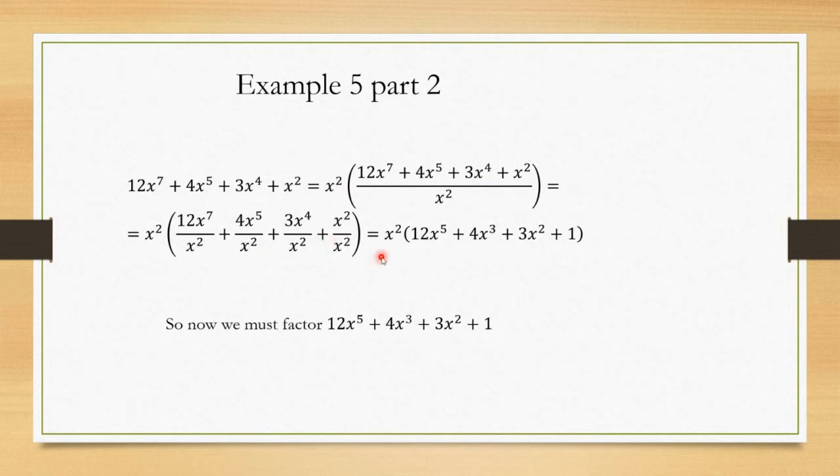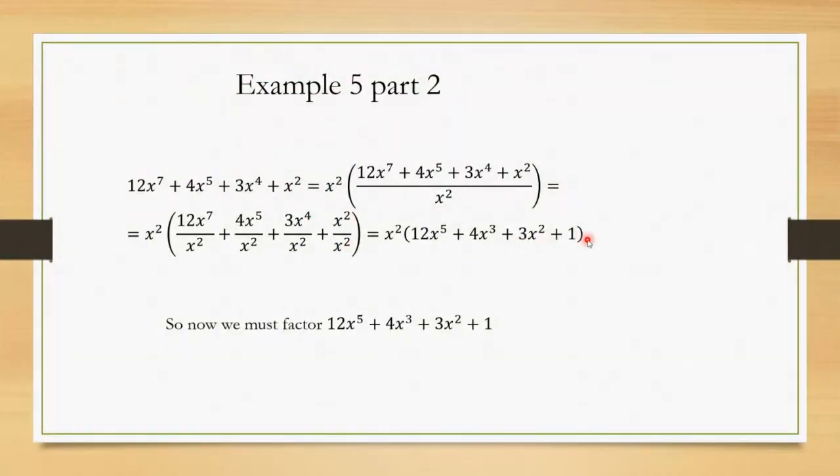Okay? And when you do that, what you get is this. You get x squared here. Here you have 12 times x to the fifth, so you subtract the exponents. Here you have 4x to the fifth over x squared, that's 4x cubed. Here we have 3x to the 4 over x squared, that's 3x squared, as you can see.